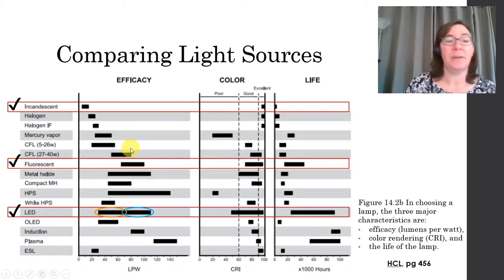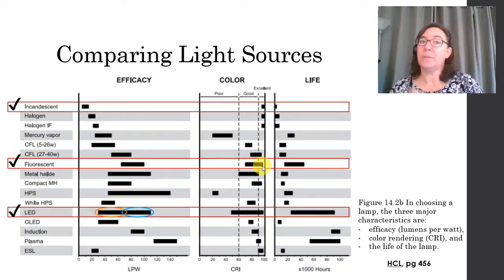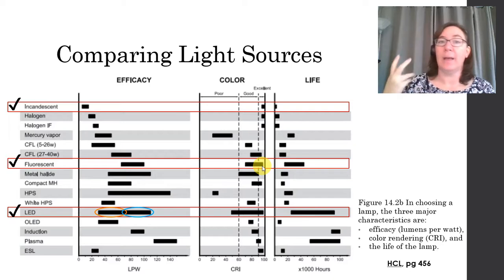Moving on to fluorescent. Here's our fluorescent row right here. A fluorescent light source has a medium to high efficacy, compared to the other light sources. It has somewhere between a good and an excellent color rendering index. Now, as a designer, you need to keep an eye on this when you select your fluorescent light bulb.